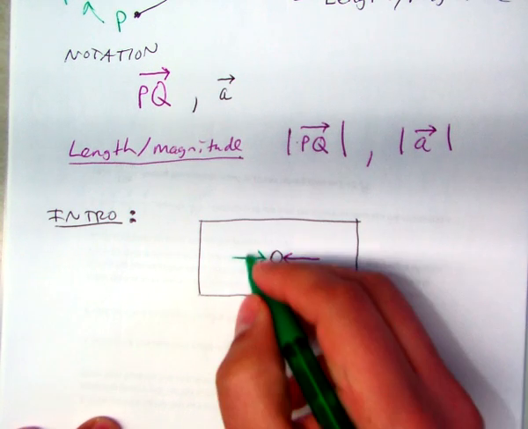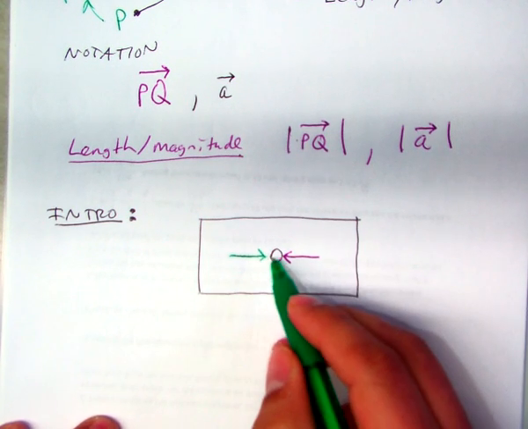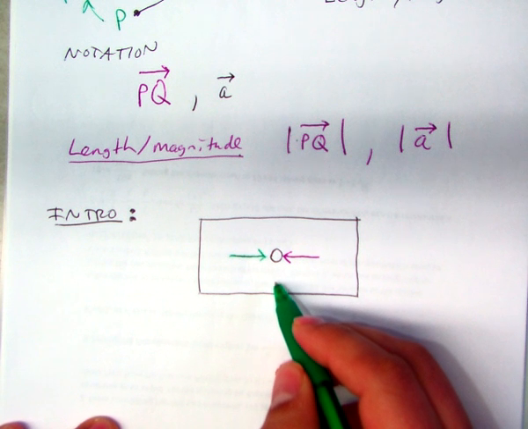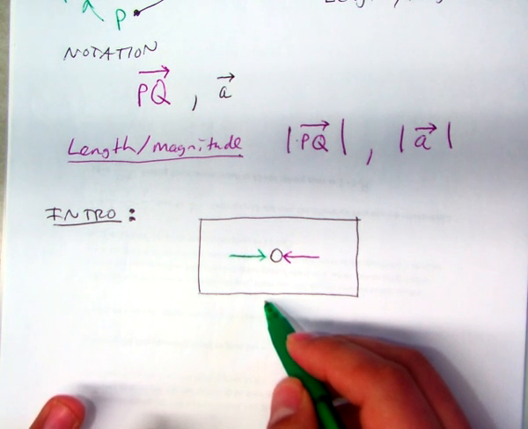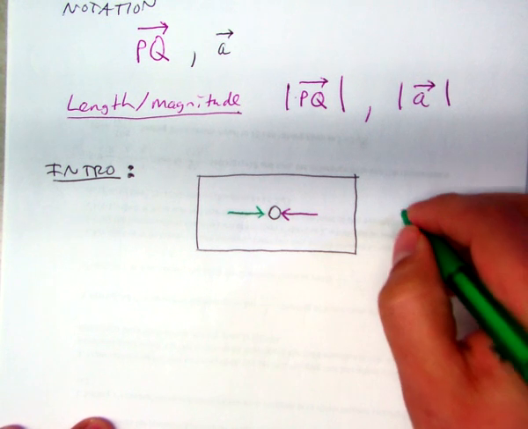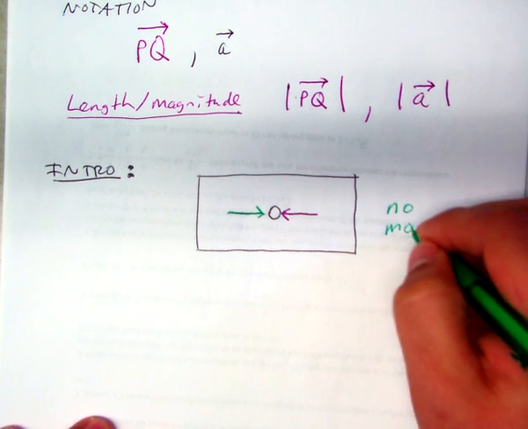Let's say that these have the same length. What's going to happen here? It's not going to move. If you understand that, you understand vectors. Okay? Here's another scenario. So let's write this down. No movement.